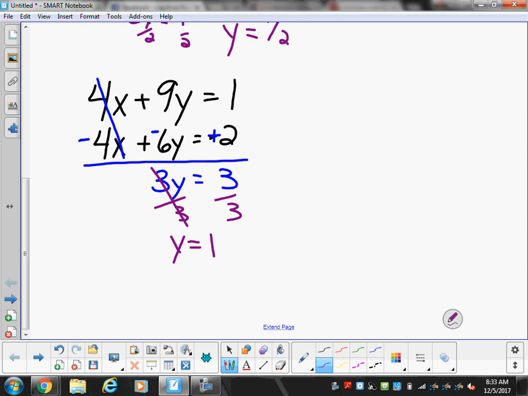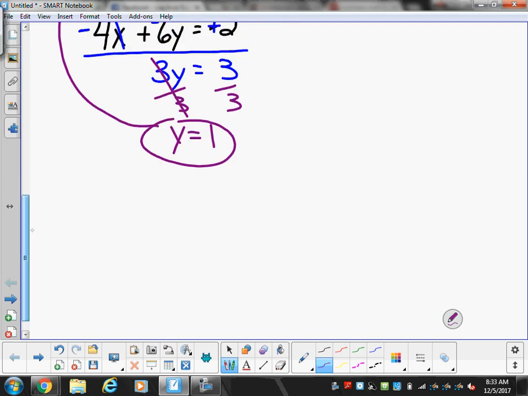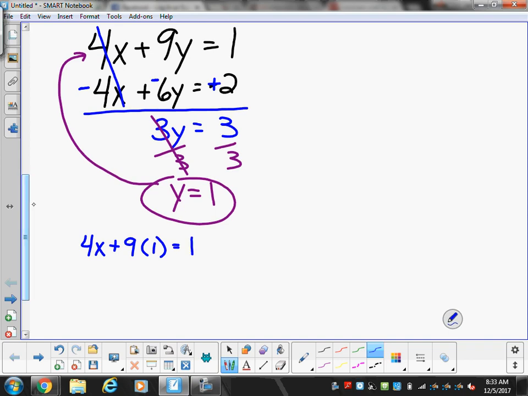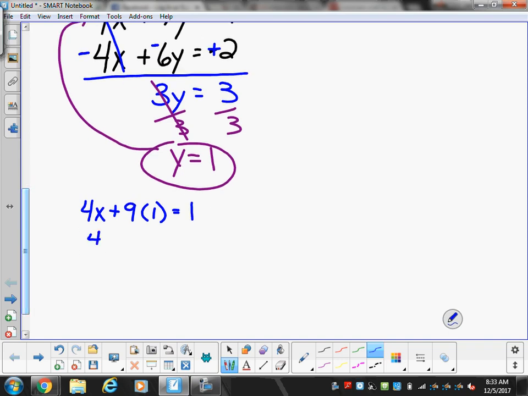Okay, what's the next process? We go back to one of the original equations and plug it in. So we have 4x plus 9 times 1 equals 1, and then we just evaluate for x.